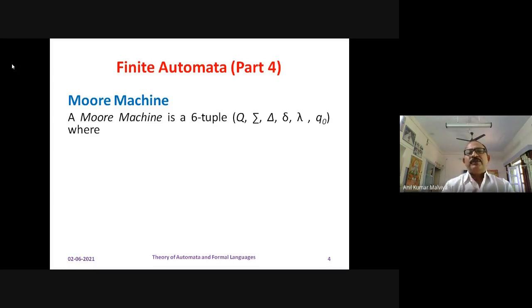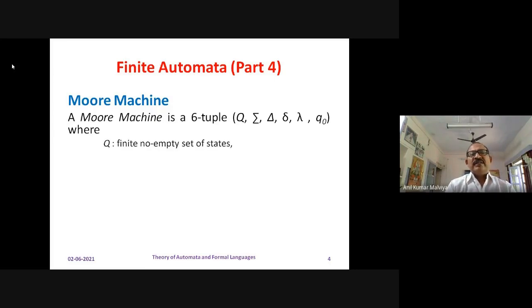Here you can observe one missing tuple F, and 2 additional tuples relative to the DFA, NFA, and NFA with epsilon transitions: capital delta and lambda. So with the help of 6 tuples, we can define a Moore machine.